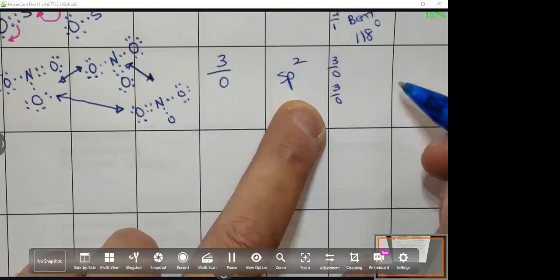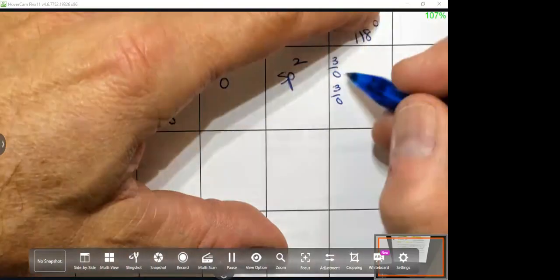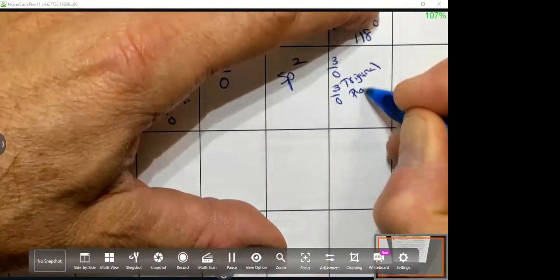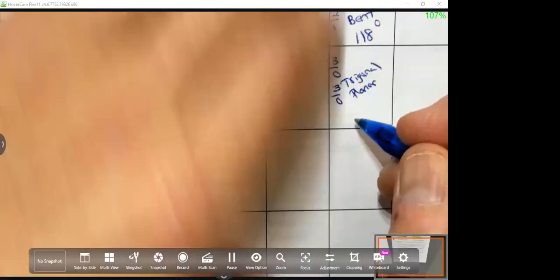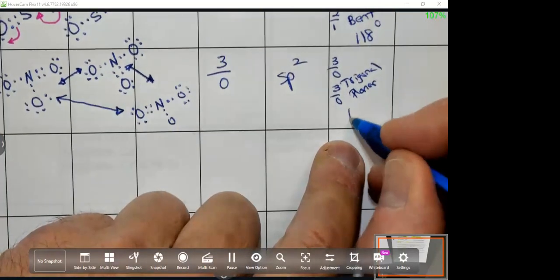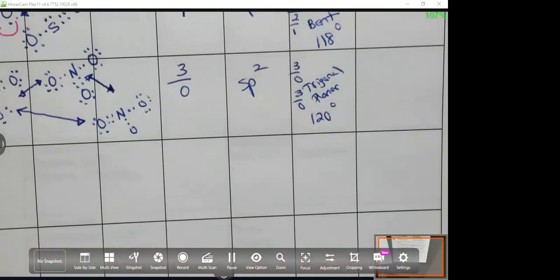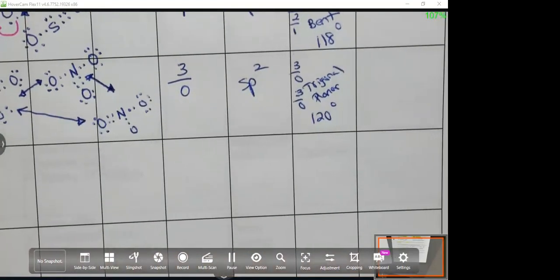So I'm going to put them together. 3, 0, 3, 0 gets me trigonal planar, and trigonal planar gives me an angle of 120 degrees on that. Okay.